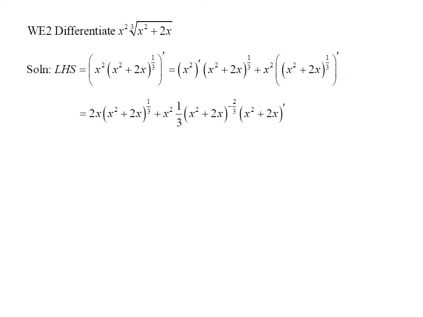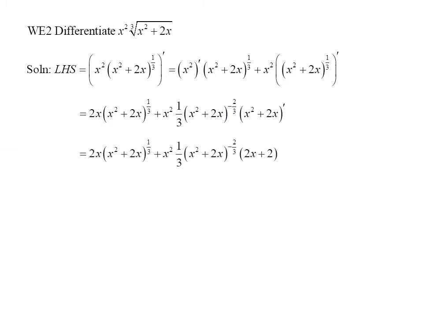2x times (x squared plus 2x) to the 1/3 plus x squared over 3 times (x squared plus 2x) to the negative 2/3 times (2x plus 2), as shown on the screen.